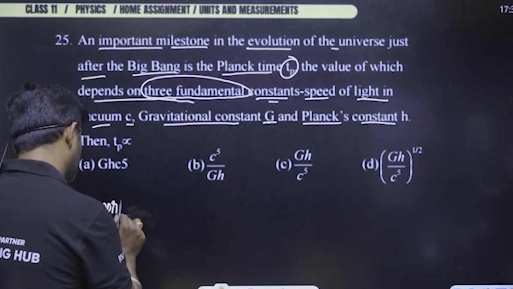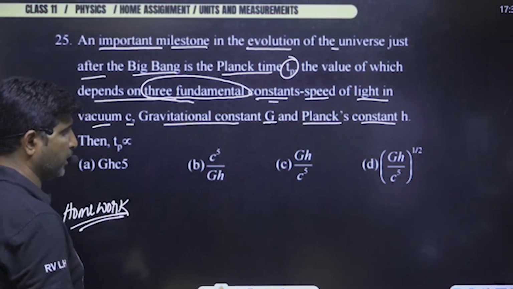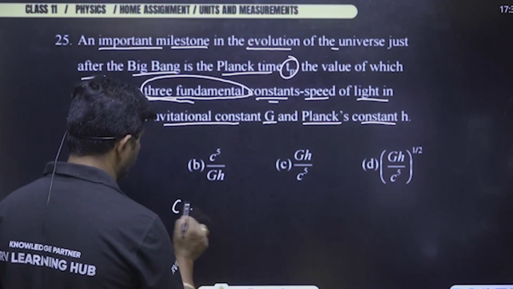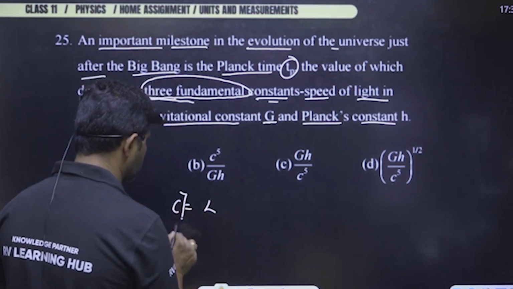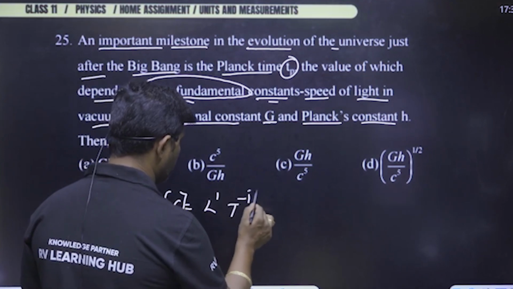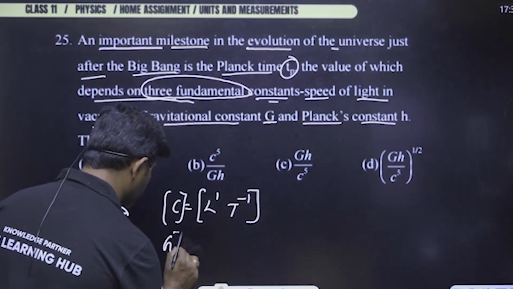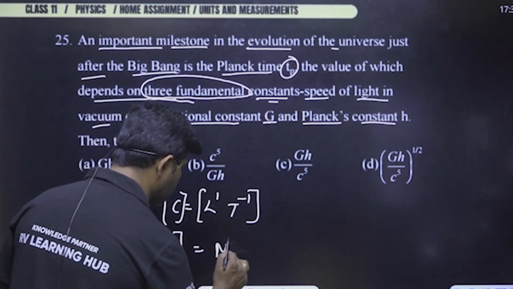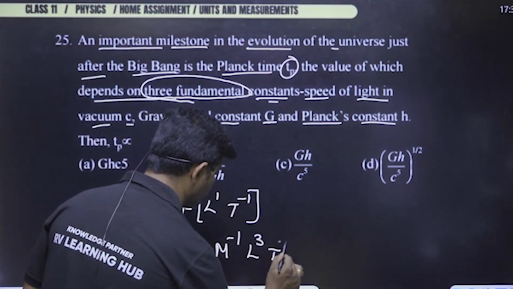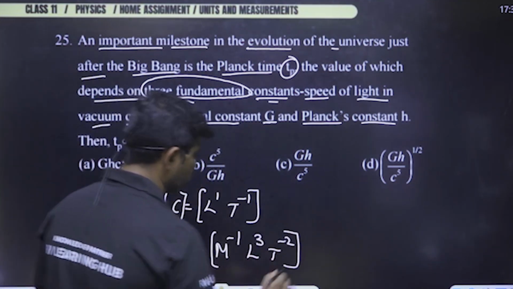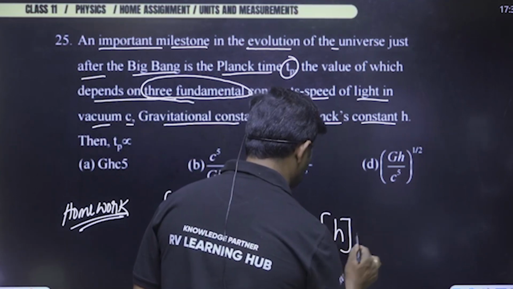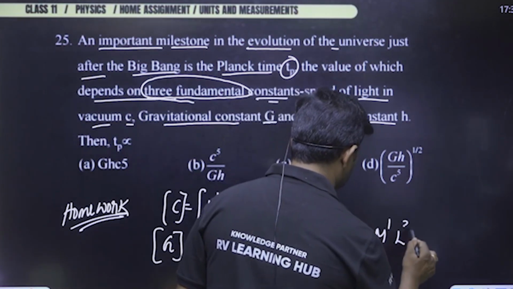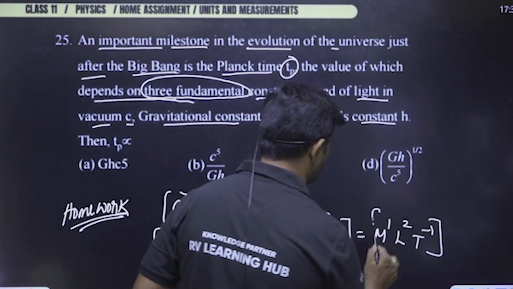I will give you the hint. We know that dimensions of C is L power 1 T power minus 1, and dimensions of G is M to the power of minus 1 L power 3 T power minus 2. And what is the dimensions of the Planck's constant here? We can say M power 1 L power 2 T power minus 1. Is it right?